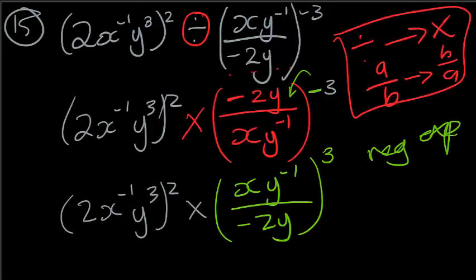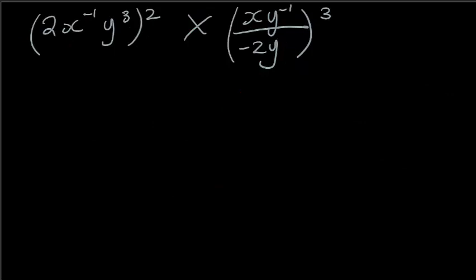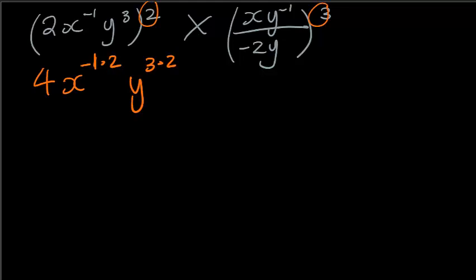This is the last line that we have. I'm writing it on a clean page. So we're going to deal with our outside exponents, right? So 2 to the power of 2 is 4. Then I have x minus 1 times 2, y 3 times 2, multiplied by, now I've got a fraction.